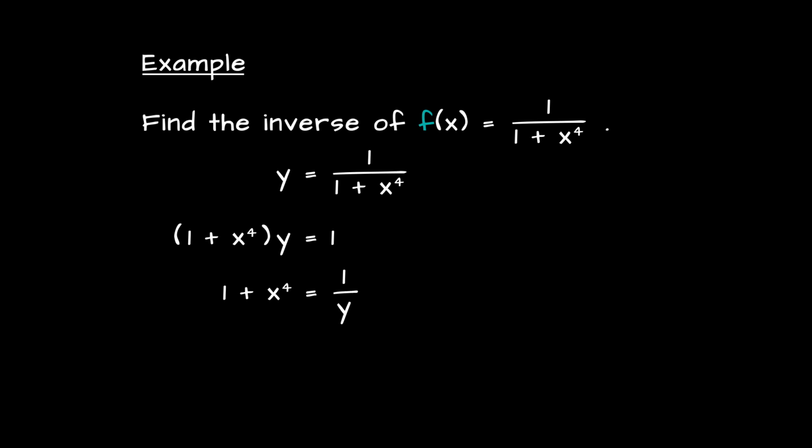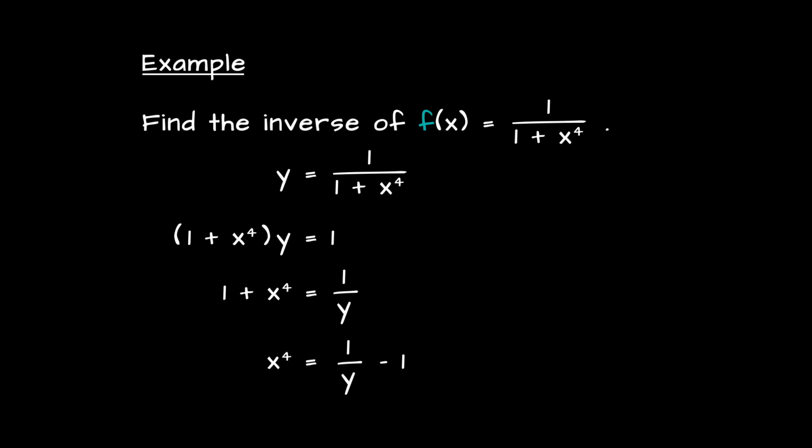We could subtract 1 from both sides to obtain x to the power 4 equals 1 over y minus 1. And then, to isolate x, what we would need to do is take the 4th root of both sides.